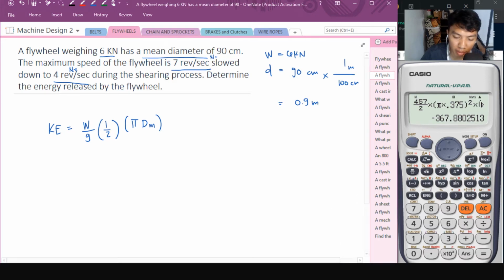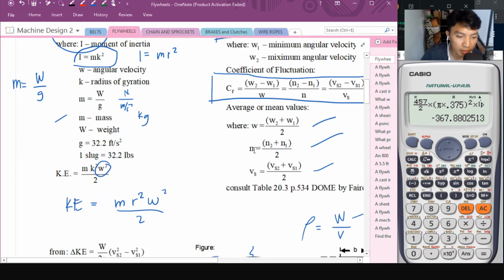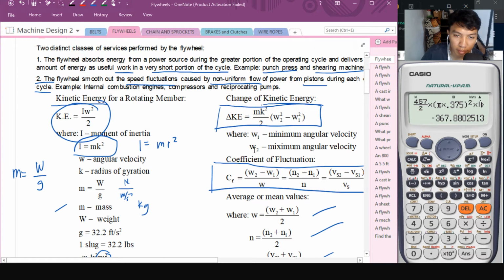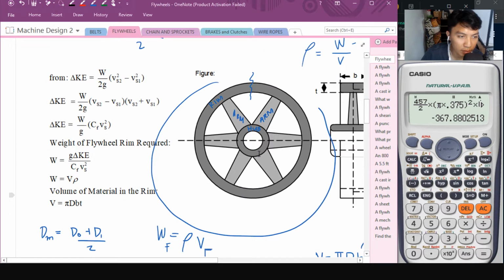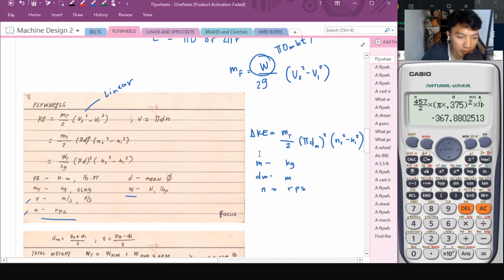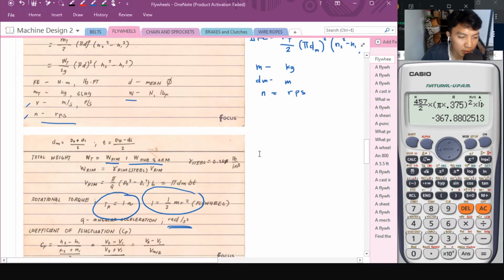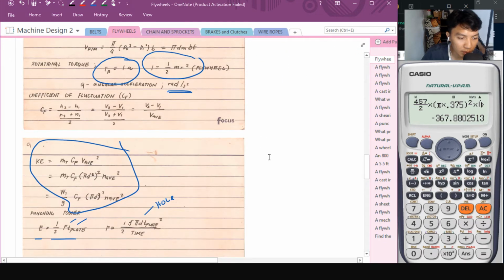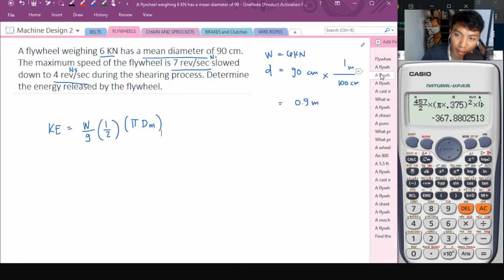Parang may mali ako dito. Tama pala. Pi dm, squared natin yung value. Multiplied to n2 minus n1.